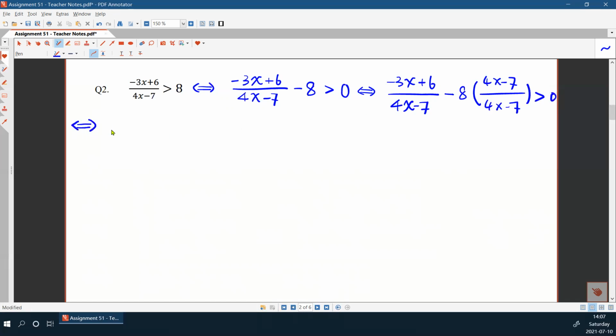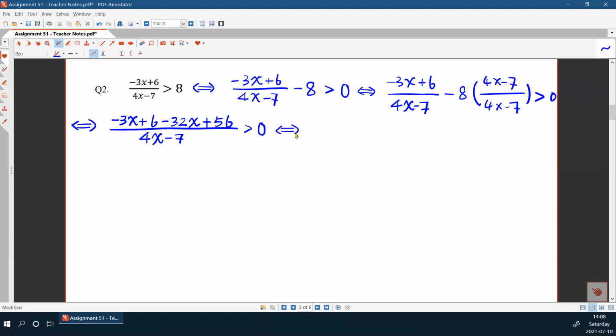And then reorganize the numerator, which is minus 3x plus 6 minus 8 times 4x is minus 32x. And minus 8 times minus 7 is plus 56, right? And over the common denominator, which is 4x minus 7. Whole expression should be greater than 0, okay?